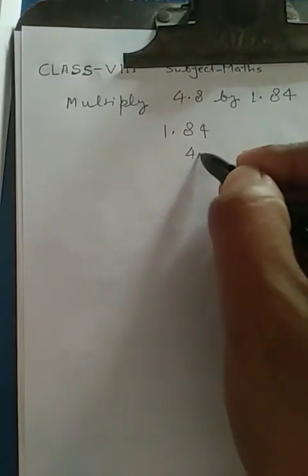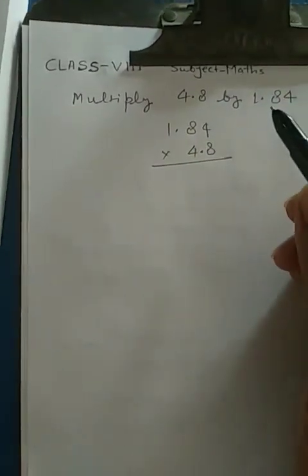Now for multiplication, I am taking another example. Multiply 4.8 by 1.84. To multiply these two numbers, we just multiply 1.84 into 4.8. Listen carefully. In addition or subtraction, we have to be careful about the decimal part and the whole part.